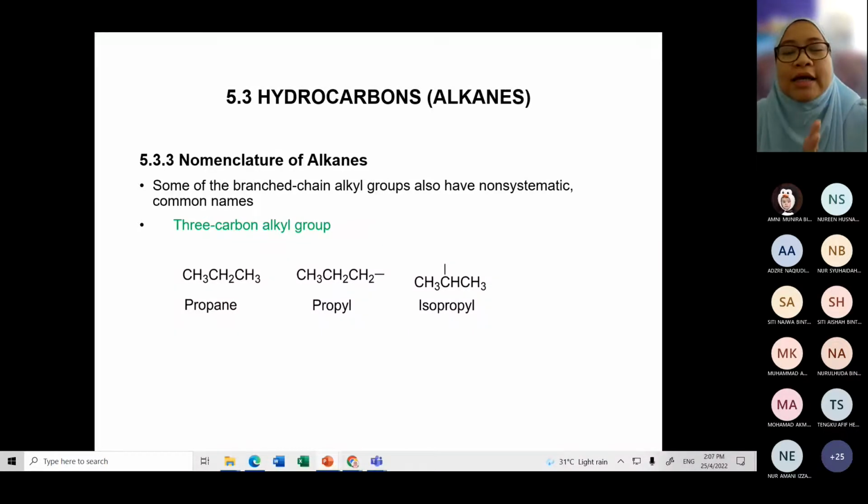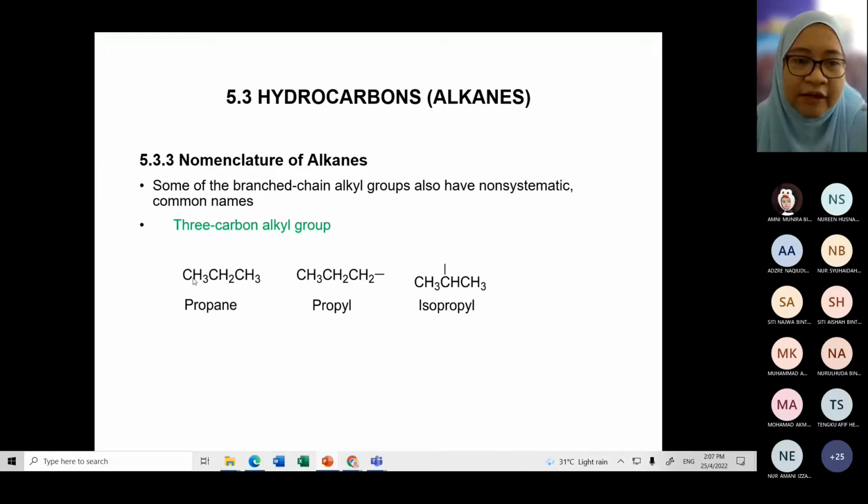But you also need to know that it can be named non-systematically, also called a common name. Some of these common, non-systematic names have been accepted and used in IUPAC naming style. For example, a 3 carbon alkyl group.